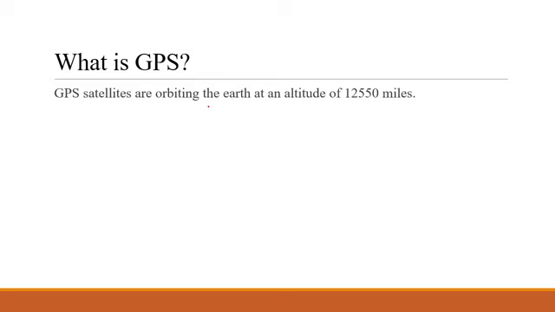GPS satellites are orbiting the Earth at an altitude of 12,550 miles above the Earth's surface.